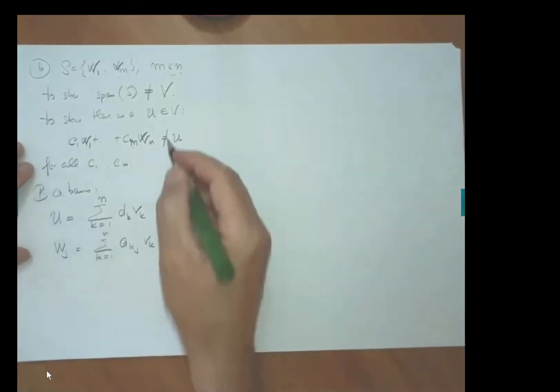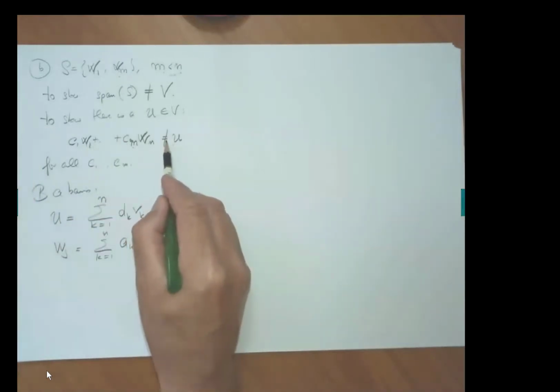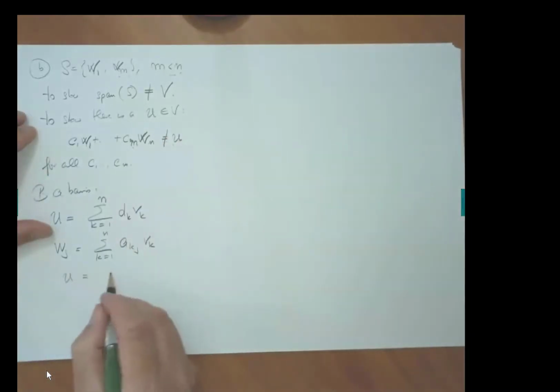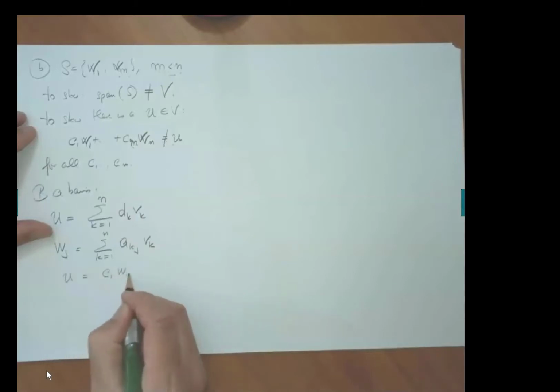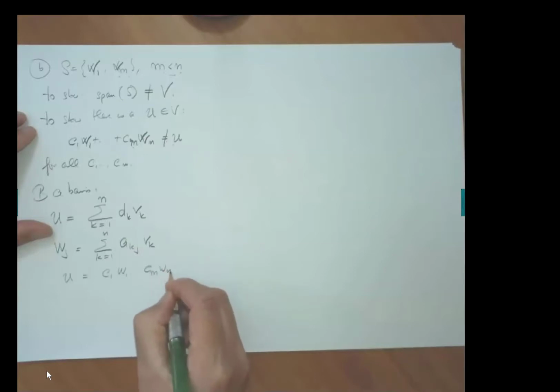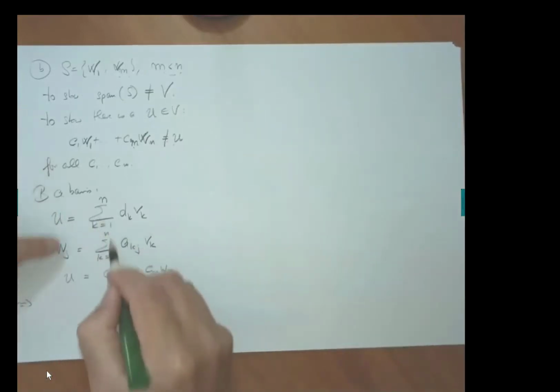So now, if we set this equal, remember we like to show it's impossible that's equal, but let's set it equal first. So u equal to c1 w1 up to cm wm is equivalent to left and right. I put in my basis.